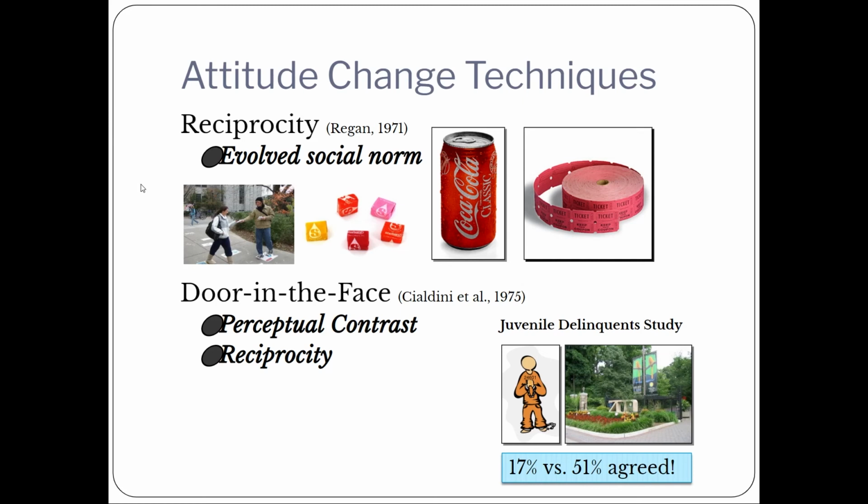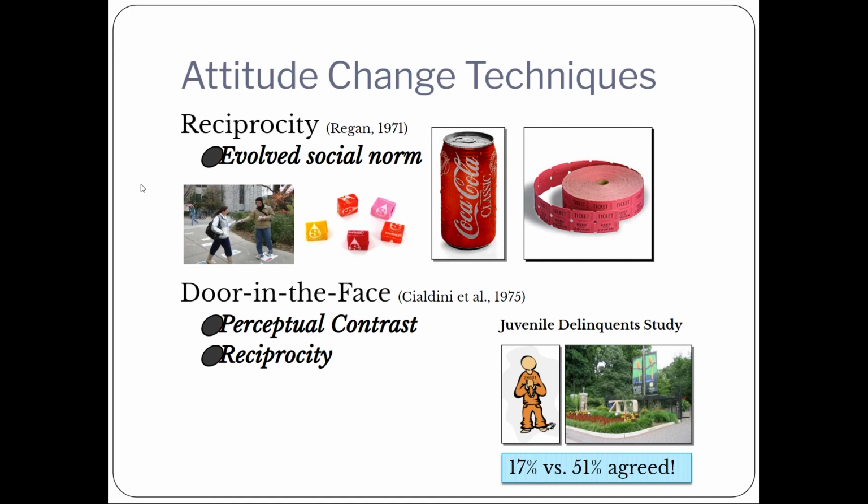In one group, they were asked, hey, would you be willing to spend 2 hours this weekend to accompany a group of juvenile delinquents to the zoo, kind of a volunteer social activity? And the other group were approached, but they were not asked for this request first.